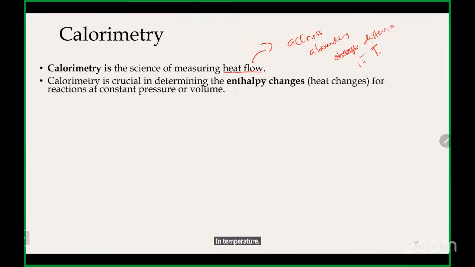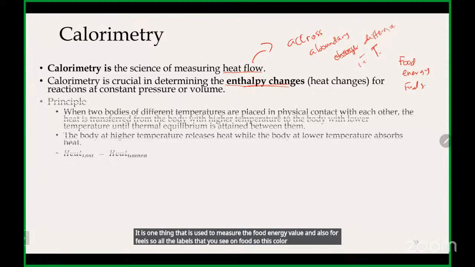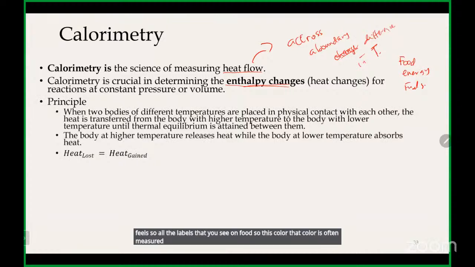It is very essential in measuring enthalpy. It is used to measure the food energy value and also for fuels. So all the labels that you see on food, this calorie or that calorie, is often measured by calorimetry.